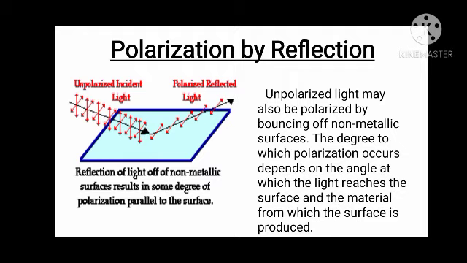Metal surfaces reflect light with a number of vibrational directions. Such reflected light is unpolarized. However, non-metallic surfaces such as asphalt roadways, snowfields, and also water reflect light in such a way that there is a high concentration of vibrations in the plane parallel to the reflecting surfaces.